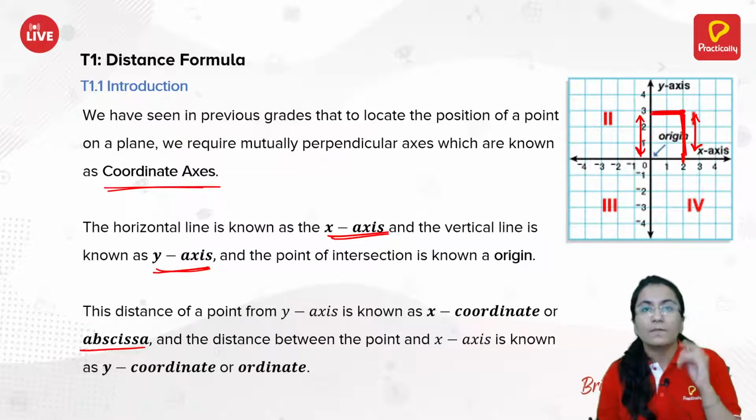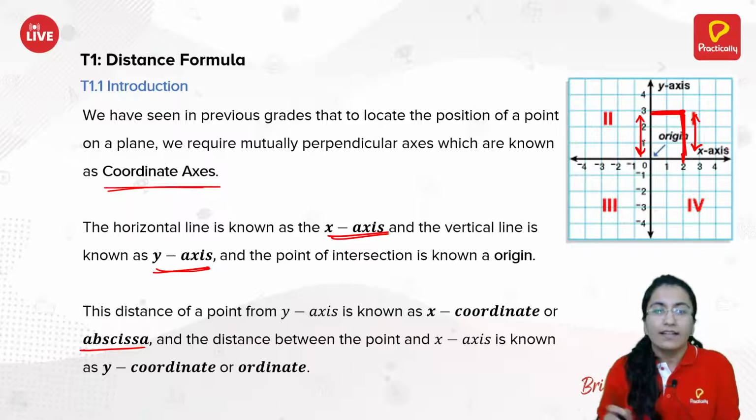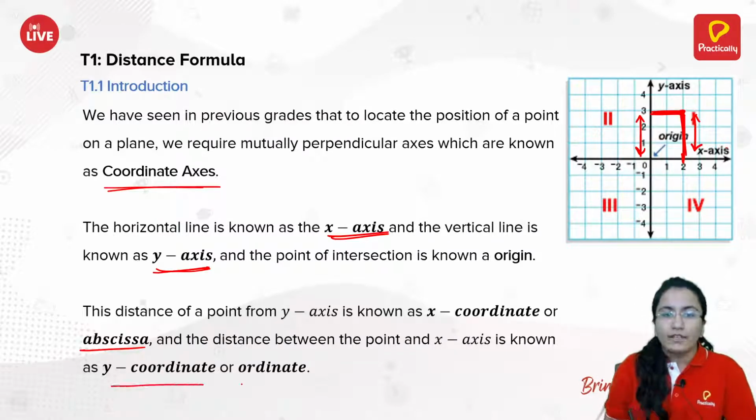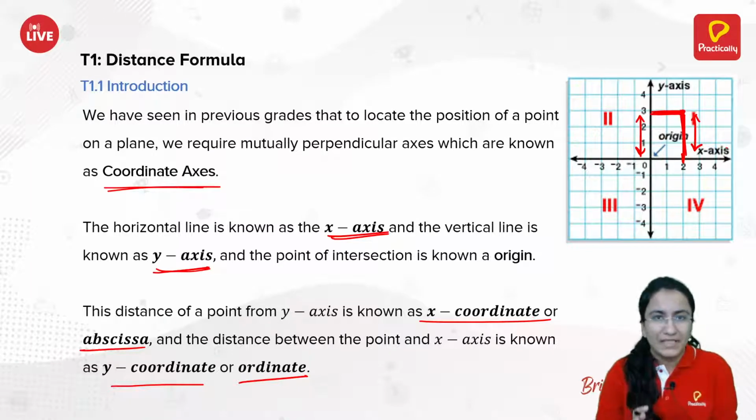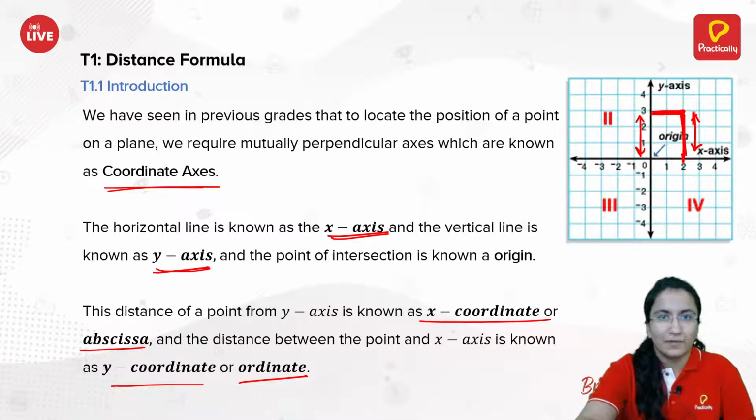That's why the distance of a point from the x-axis is its y coordinate, also known as the ordinate, and the distance of a point from the y-axis is its x coordinate. This you all know from your previous grade. It was just added to recall everything over here.